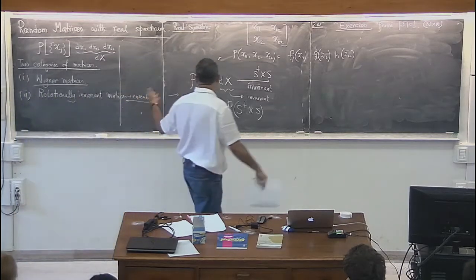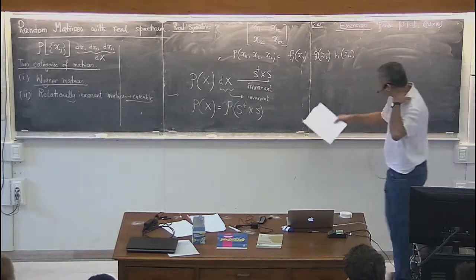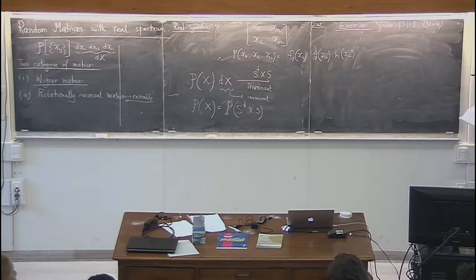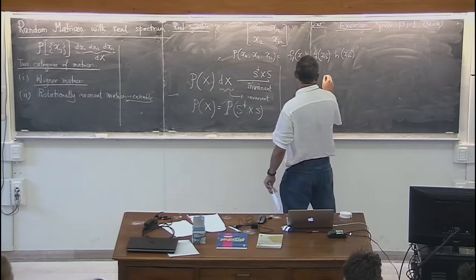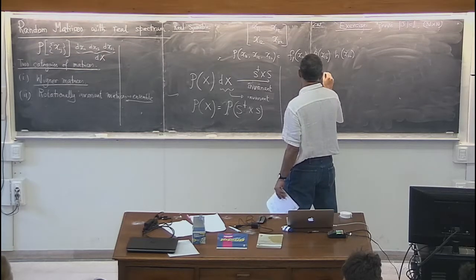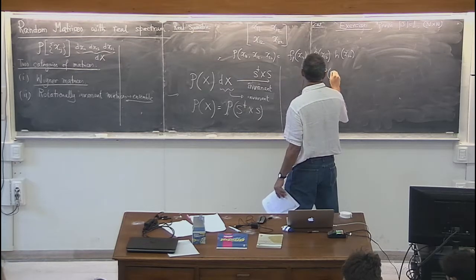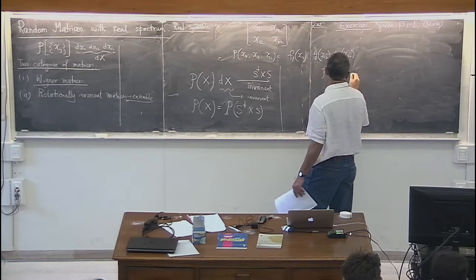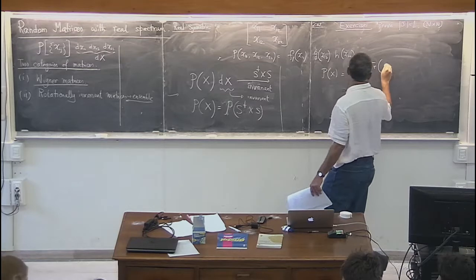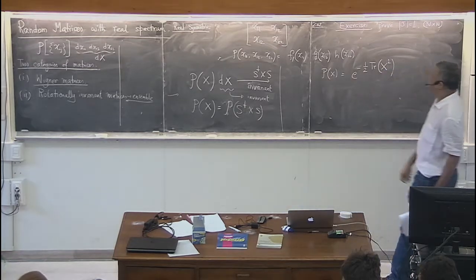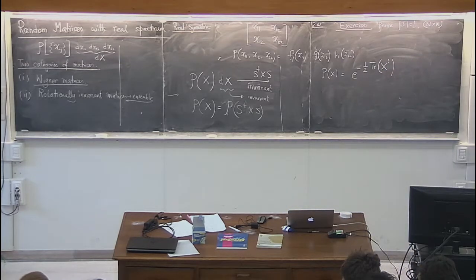So if I want to make the probability distribution fully invariant, I have to ensure that this P does not change. Okay, so let's take an example. For example, I could choose this P of x for the real symmetric matrix to be something like this: trace of x square.